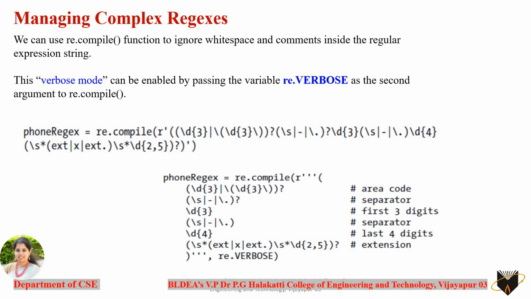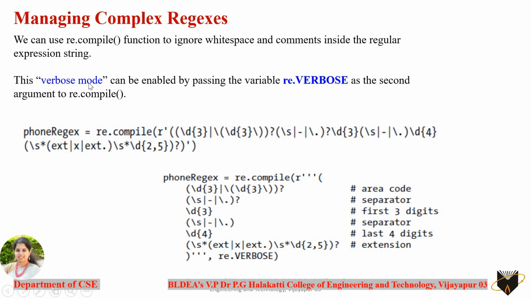The comments are required just for the developer to understand for what purpose the patterns have been designed. So regular expressions provide this facility to include multiple spaces as well as comment lines as a part of the design pattern, which can be ignored during execution.